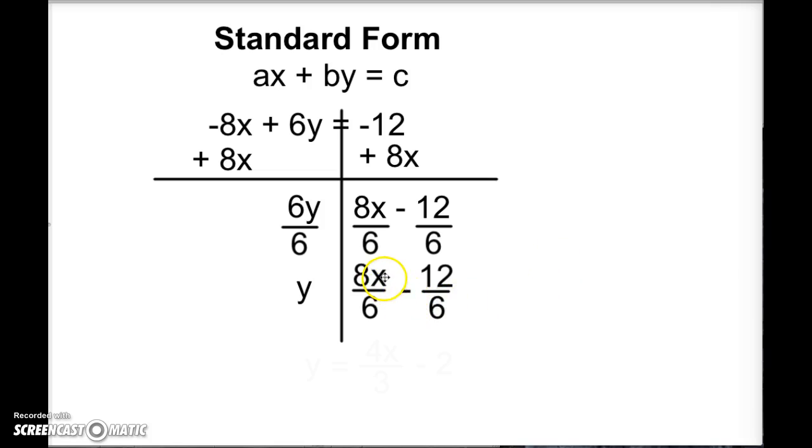Now I can simplify the 8x divided by 6 to 4/3 and the negative 12 divided by 6 to negative 2. So this equation turns out to be y is equal to 4/3 x minus 2. So in this case, my y-intercept is going to be negative 2 and my slope is going to be 4/3.